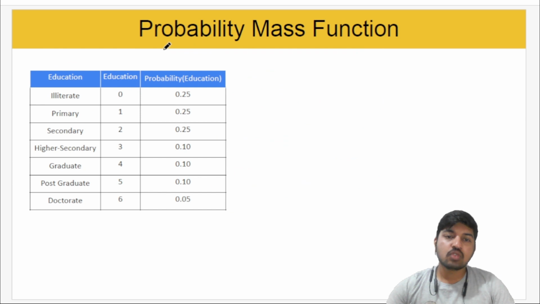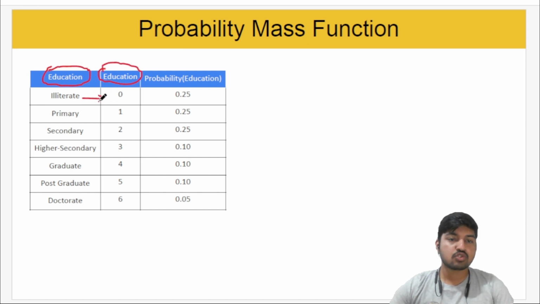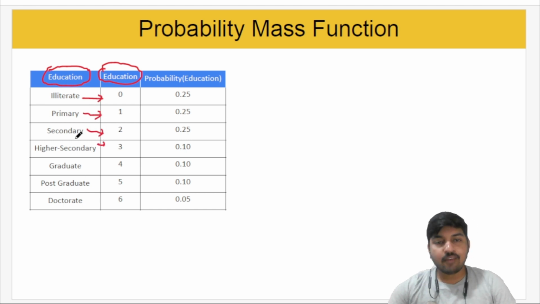So now we will move to the probability mass function. Up to here, this was my variable, and I converted it into a random variable by mapping these values to 0, 1 and so on. Now I have added another scenario.